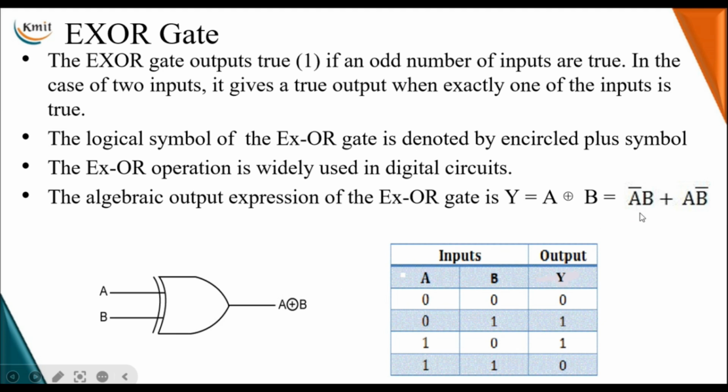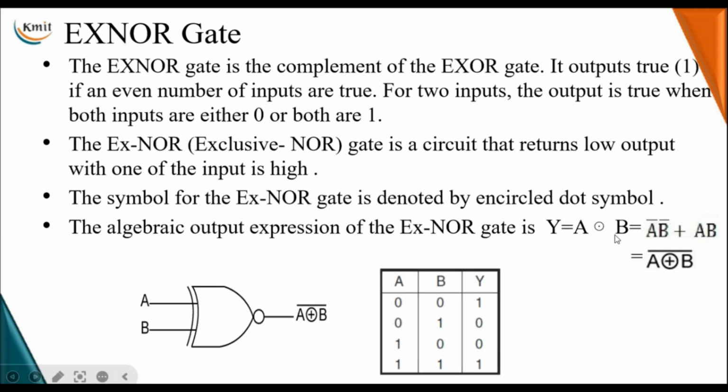Hence it is A bar B OR A B bar. It is taken as a product term where A value is 0, represented with complement, and B is 1, represented without complement, and we take this as one of the product terms since the output functional value is logical 1. Another logical 1 is obtained where A value is 1 and B value is 0. Hence we mention the product term A and B bar.